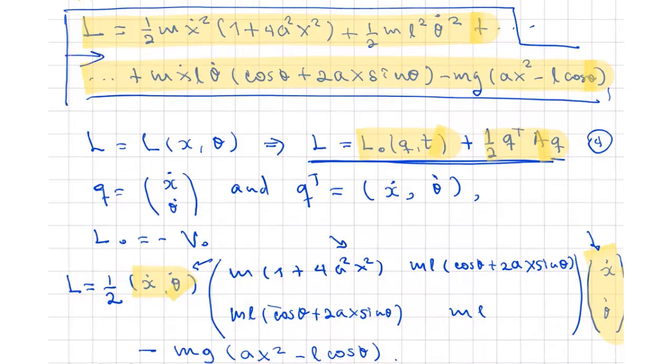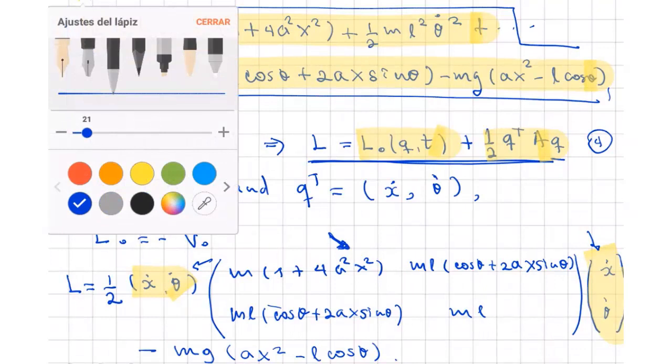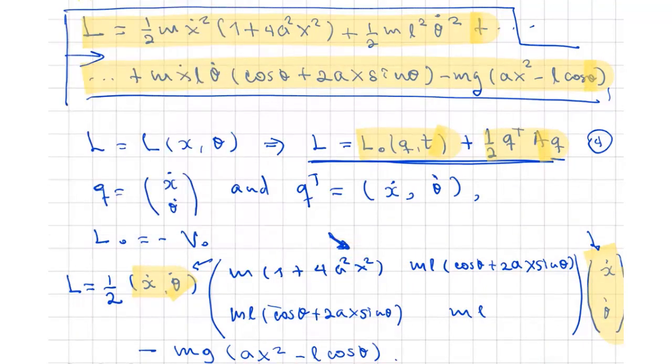So it's straightforward going from here to the Lagrangian in this form. Okay, guys, so that's it. That's the way we want to write the Lagrangian down.